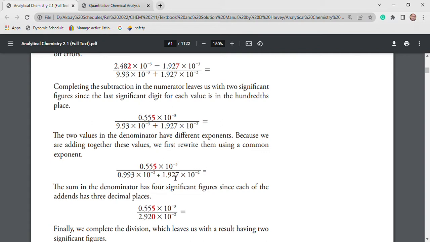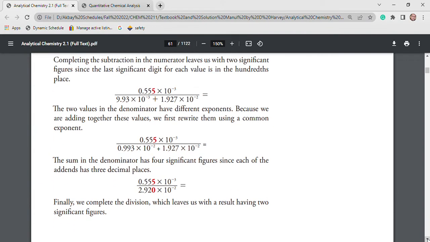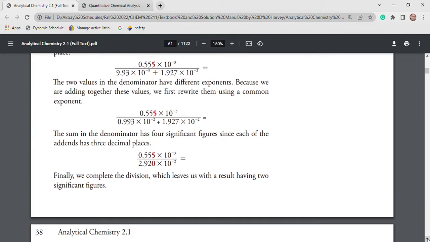And now you see you got the same exponents. And then you can go ahead and add those two numbers up, and you come up with 2.920 times 10 to the negative 3. And so you divide those two numbers as you do regular numbers.